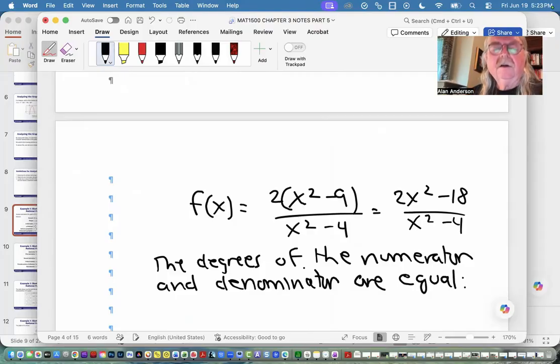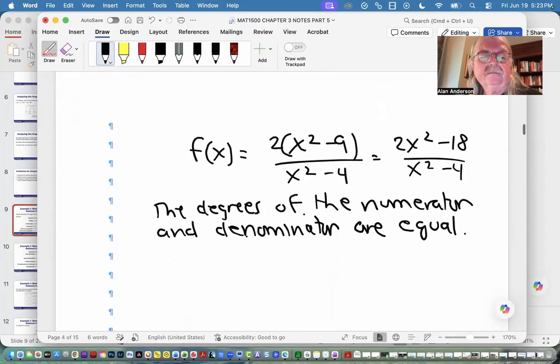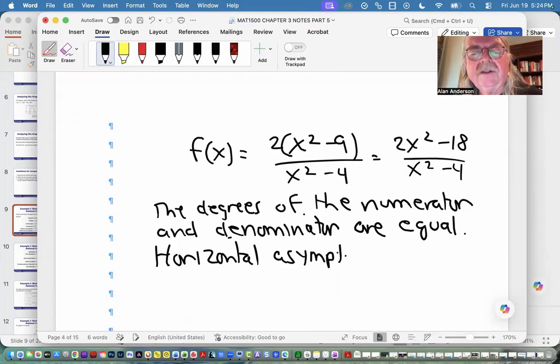Therefore, the horizontal asymptote, as you recall from yesterday, whatever day it was, is the ratio of the leading coefficients.